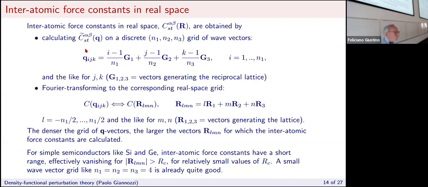If you work with Q equals 0 only, the periodicity is the same as that of the crystal. But with a denser grid, you get super periodicity in real space.